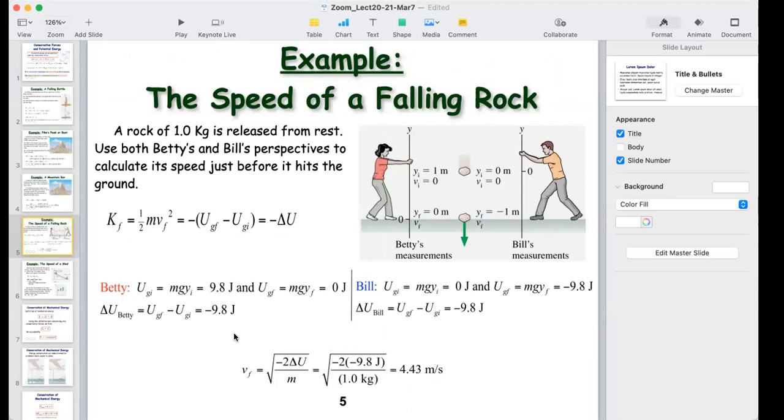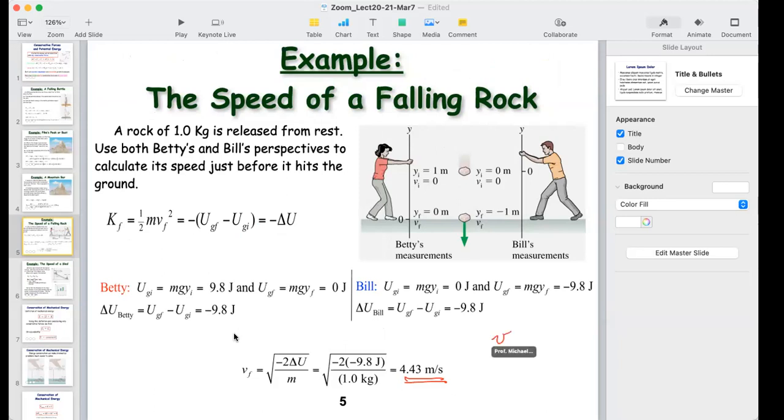I just wanted to point out to everyone, how would we have solved this same question way back during week number 3 of the semester? We would have just used the kinematics of free fall, from lecture number 7. And the interesting thing is you would have gotten the exact same final answer here.